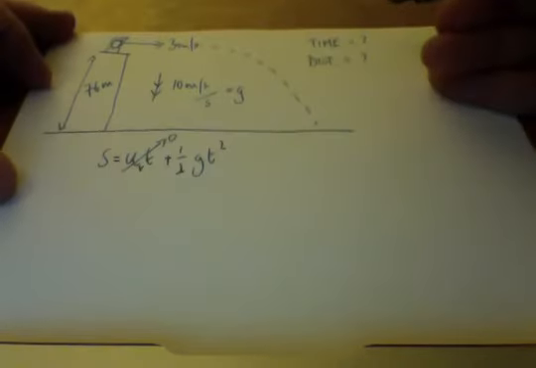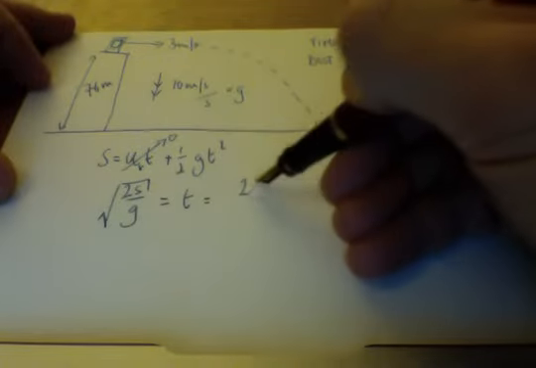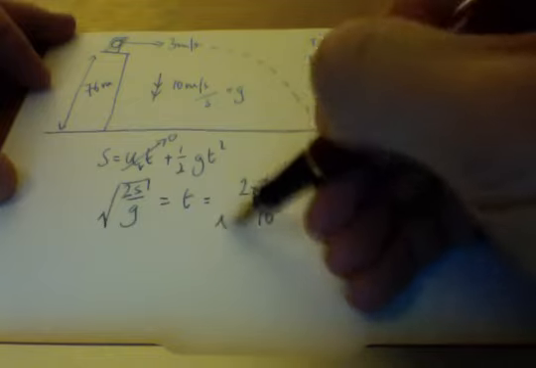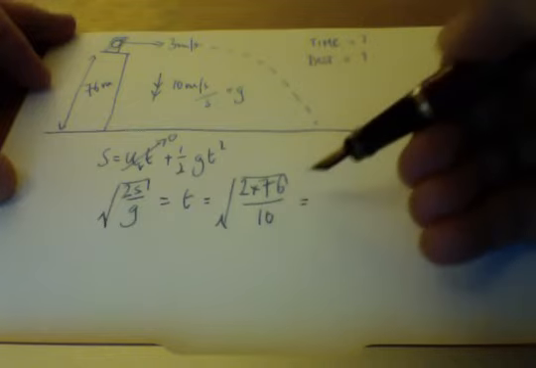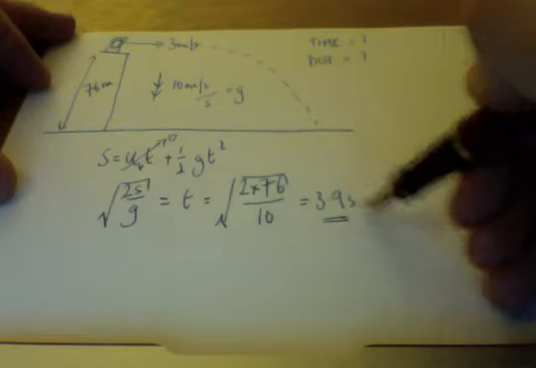Of course, initially, there is no speed to it at all, so therefore my time period is a very simple rearrangement. And I'll put some values into that. 2 times 76 divided by 10 square rooted gives me, I believe, 3.9 seconds.